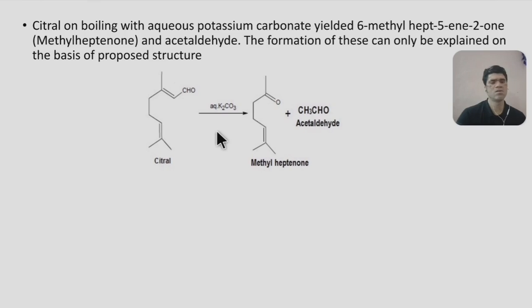In modern techniques, NMR, IR and mass spectroscopy are used to confirm the structure of citral. But in those days, when the citral structure was confirmed, it was only by chemical methods, which we have discussed right now. That is the structural elucidation of citral.